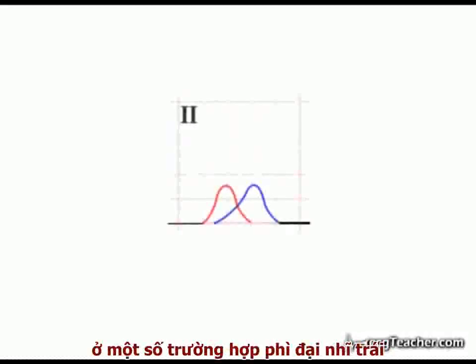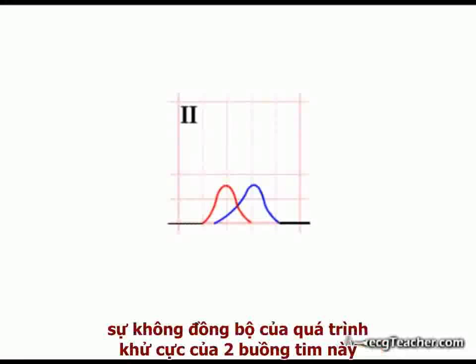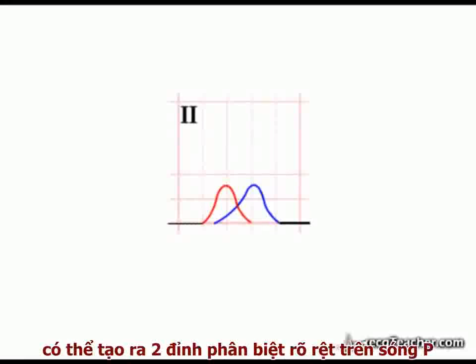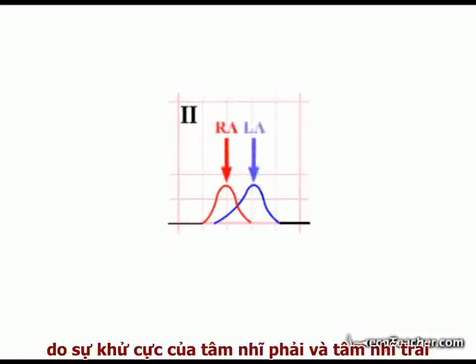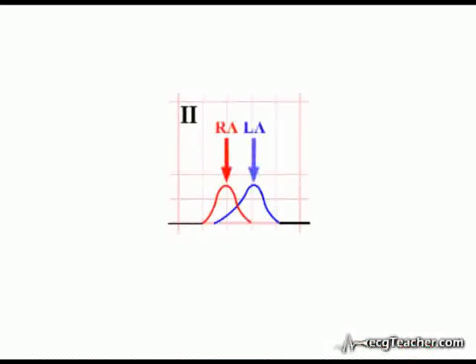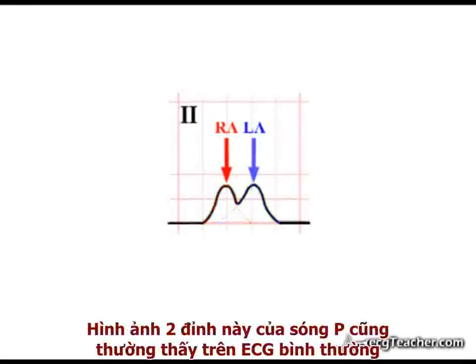In addition, in some cases of left atrial enlargement, increased asynchrony in the depolarization of the chambers may result in two readily identifiable separate peaks in the P wave due to right and left atrial depolarization. This notched morphology in P waves is commonly seen in normal ECGs.